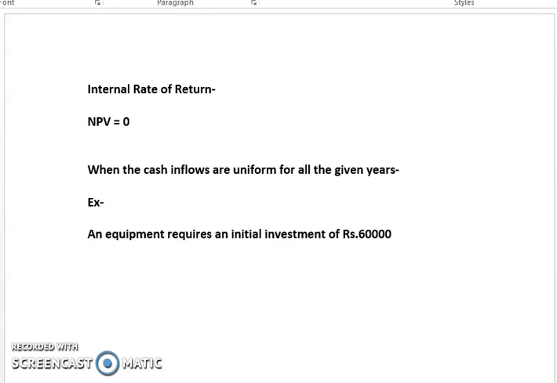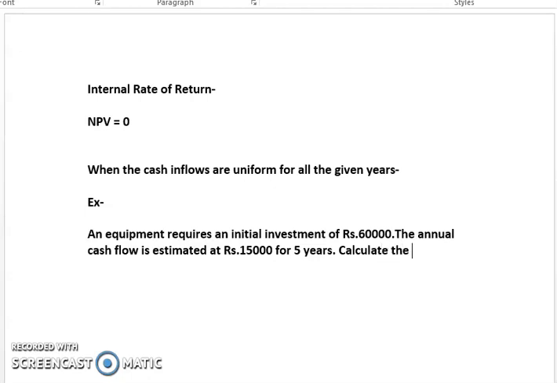The annual cash flow is estimated at rupees 15,000 for 5 years, and it is uniform for all the 5 years. So when we have uniform cash flows for the given period of time, how are we going to calculate the IRR?